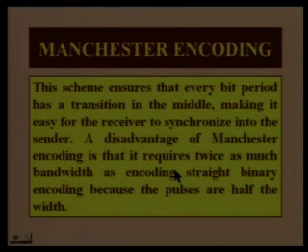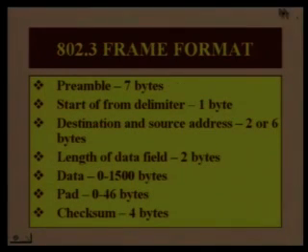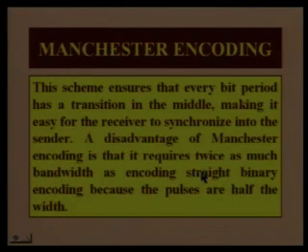The more transitions take place, the more bandwidth is required to send the data. But the data will always be accurate, received by the receiver as it is, without any ambiguity between the receiver and the sender. We have a similar technique called differential Manchester encoding, and the commonality between these two is that they both have transitions in between.